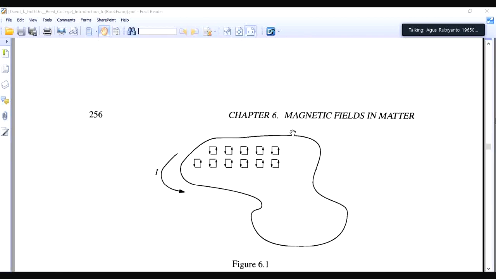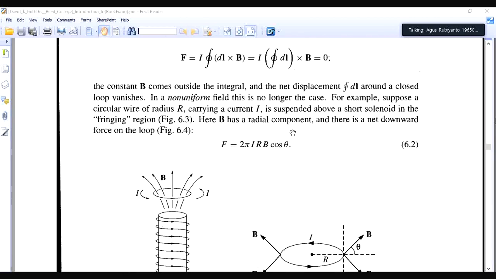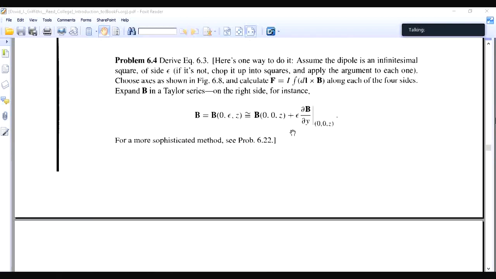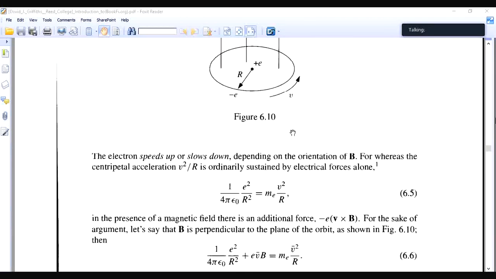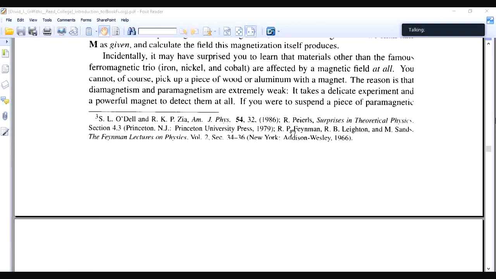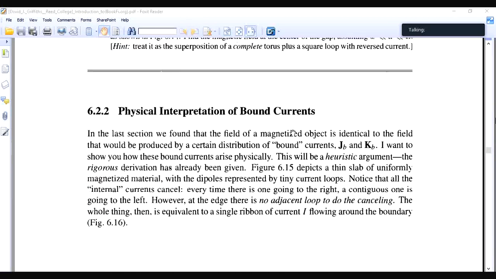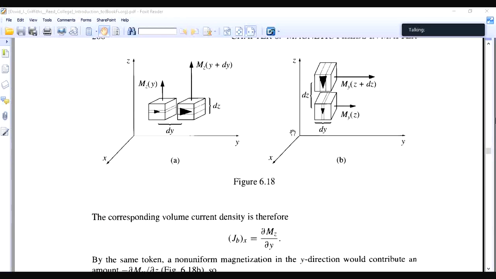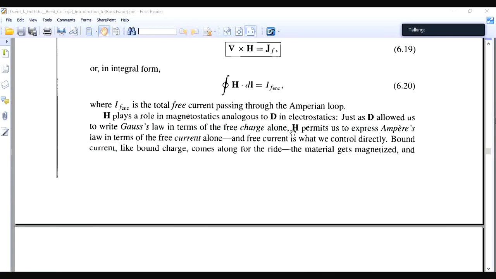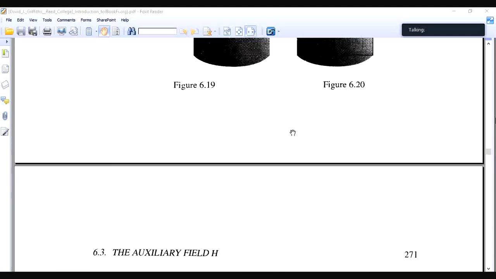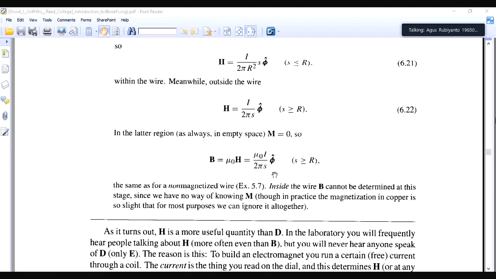Nah, ini Mas. B sama dengan mu dikalikan dengan H. Biasanya kita bicara mengenai intensitas magnetik, H, dan B kadang orang menyebut flux magnetik.